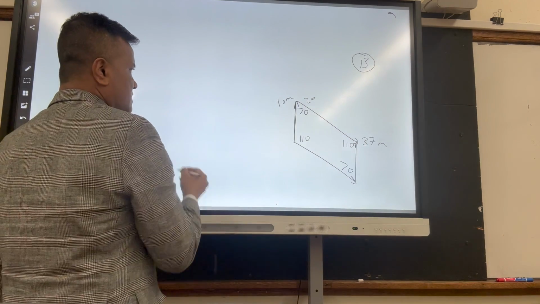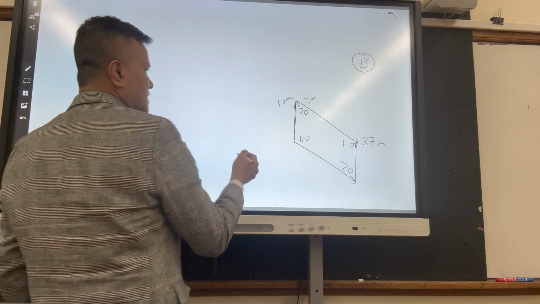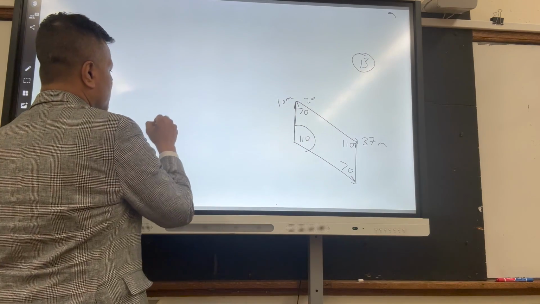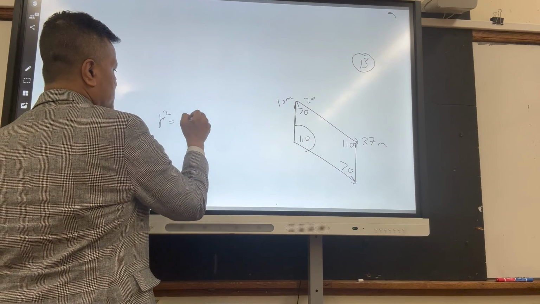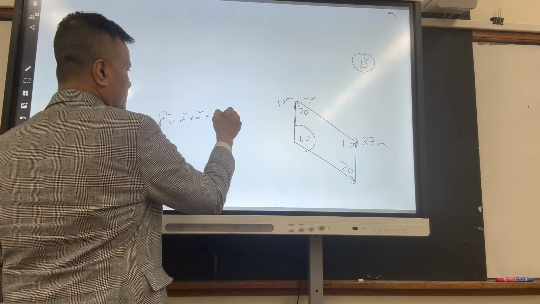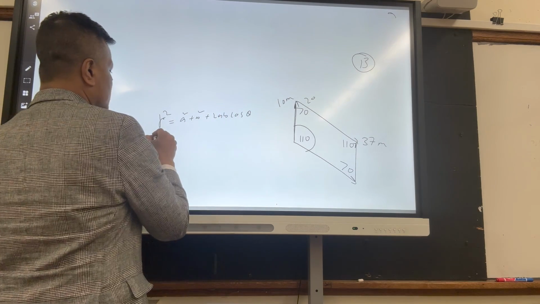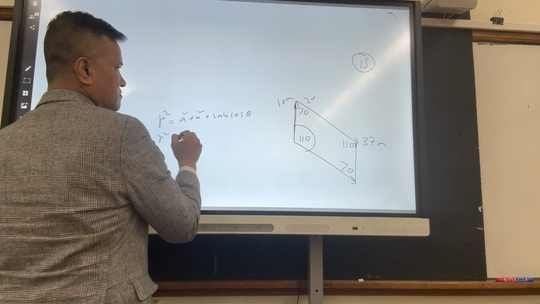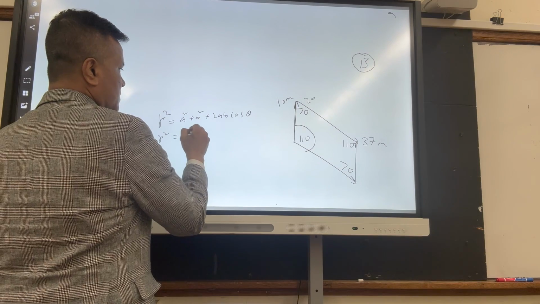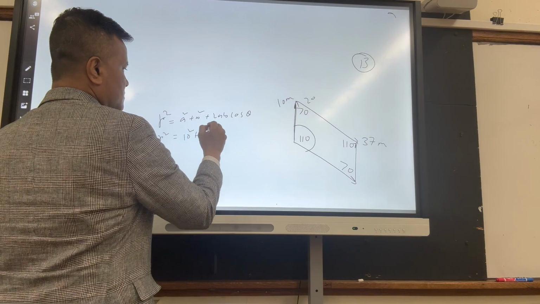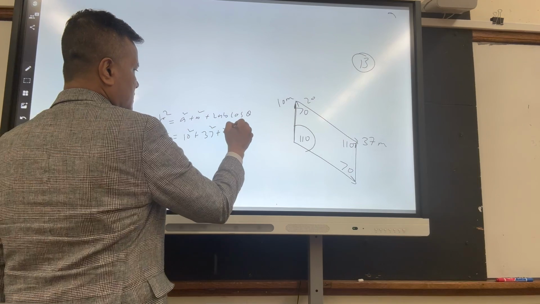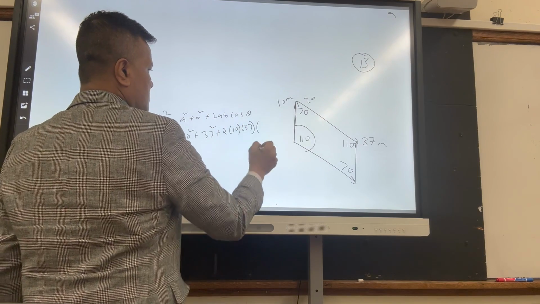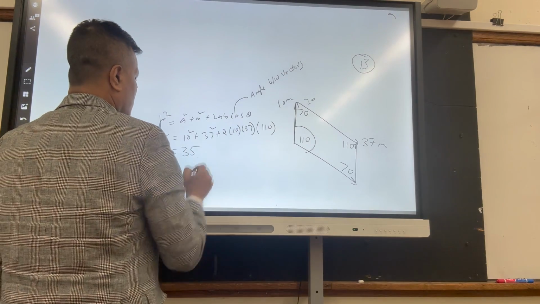All right, so the resultant. A million times I told you, if you use R squared equals a squared plus b squared plus 2ab cosine theta, you're still getting it wrong. This is 10 squared plus 37 squared plus 2 times 10 times 37. This is 45 meter.